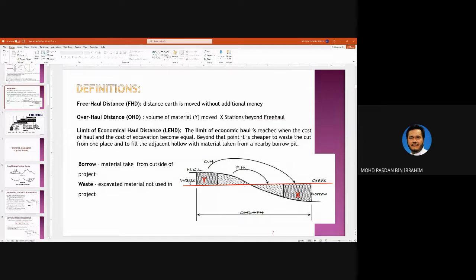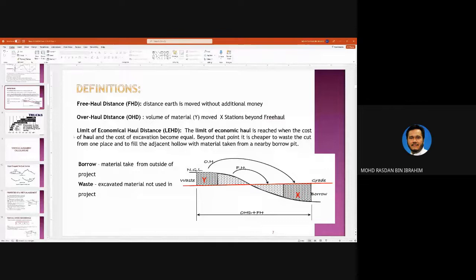To move this material over here, way across the limit of economic haul, is very expensive, and it is better for you just to leave the material here, and to fill the part over here, you get some other material from the front here. Okay, a nearby borrow pit. All right. So borrow means material taken from outside of the project, and waste means excavated material not used in the project. So this is going to be the waste, and this is going to be the borrow.